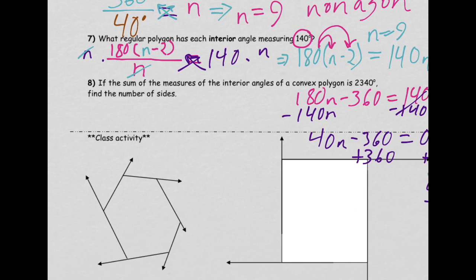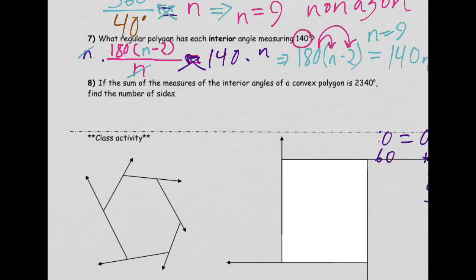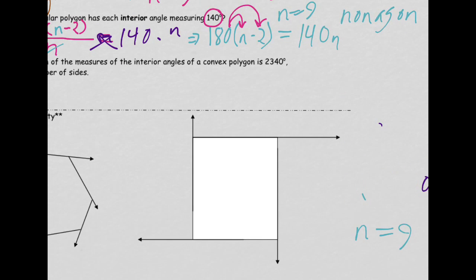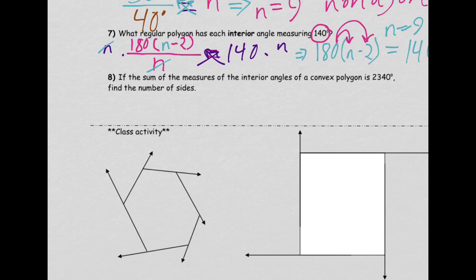Okay. Number 8. If the sum of the measures of the interior angles of a convex polygon is 2,340, find the number of sides. Well, that's a whole bunch of degrees. All right, let me clean this up here. Clean as you go.